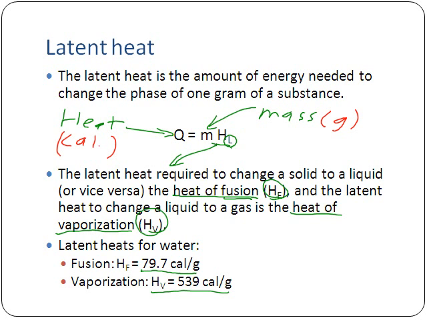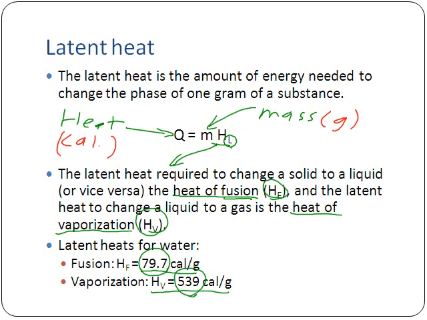So if you look at these, you can see it takes a whole lot more energy to vaporize water than it does to melt it. If I have a gram of ice, it only takes 79.7 calories to melt that ice. If I have a gram of water, it takes 539 calories to vaporize that water completely into steam. And so this is what latent heat is.